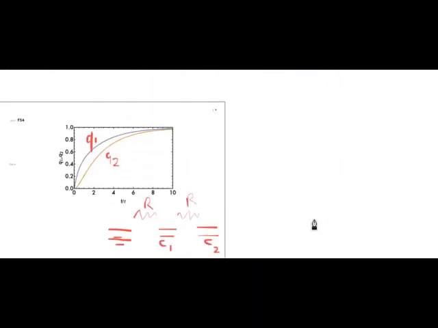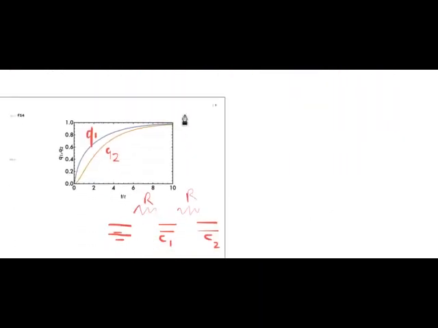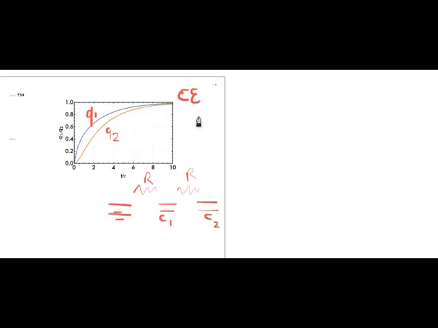So they'll both converge to the same value. This is, well, I call it 1 here, but it's really C times E. So that's how one would go about analyzing a two-loop circuit. And there'll be some examples like that on the assignment.